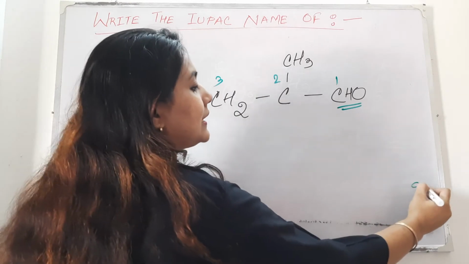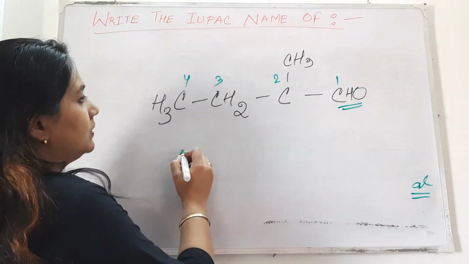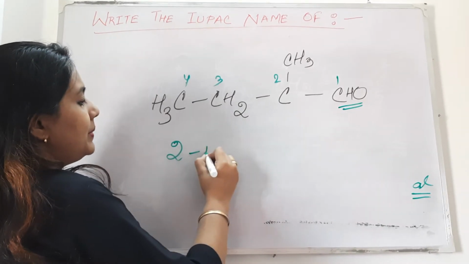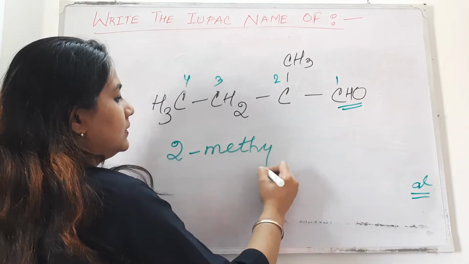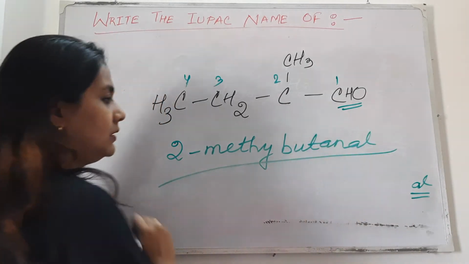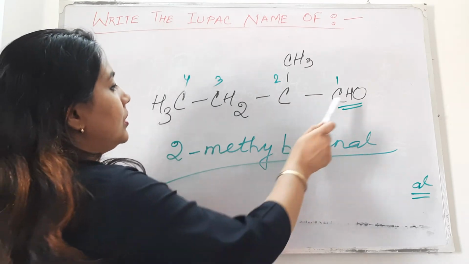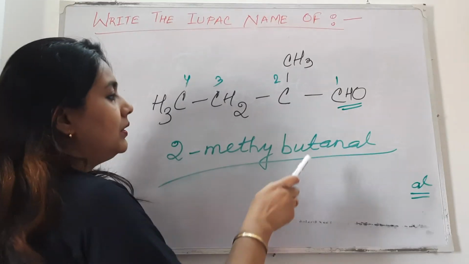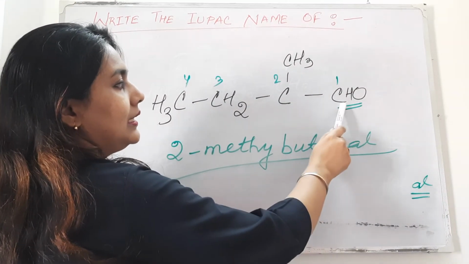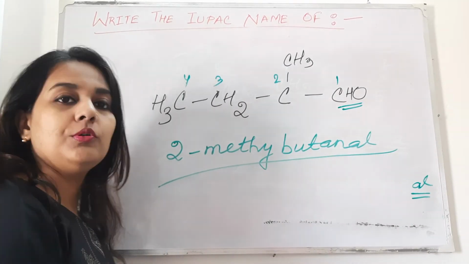So the name should end with al. So the name becomes 2-methyl butanal. 2-methyl butanal. Why but? Because of the presence of 4 carbon atoms. Why al? Because there is a CHO group present at the end. So 2-methyl butanal.